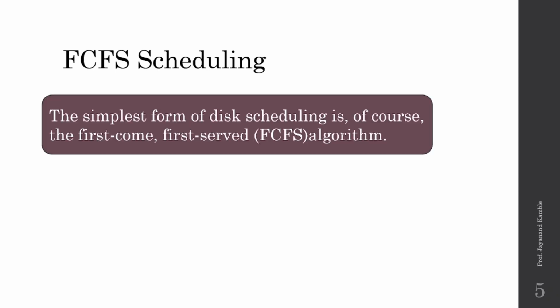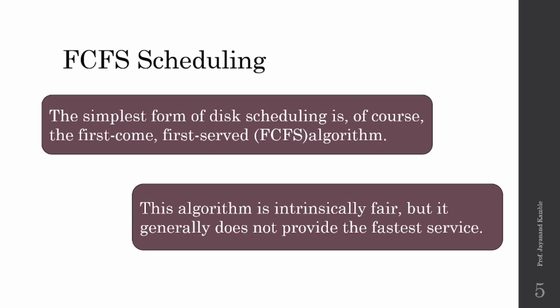This is the simplest form of disk scheduling. This algorithm is intrinsically fair, but it generally does not provide the fastest service. How it actually works, we will see with the example now.